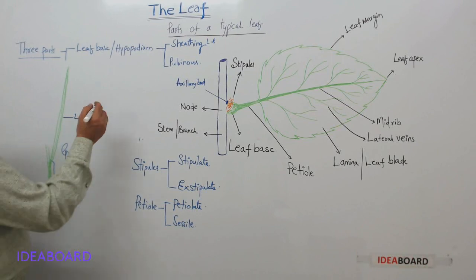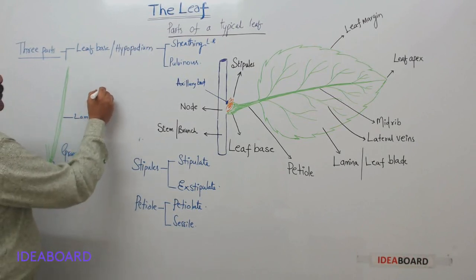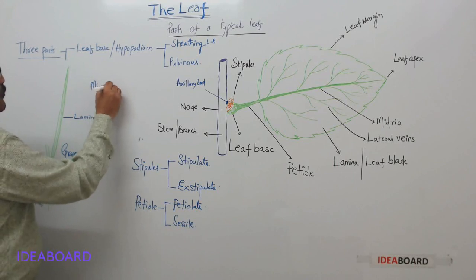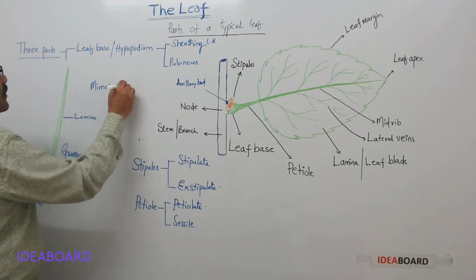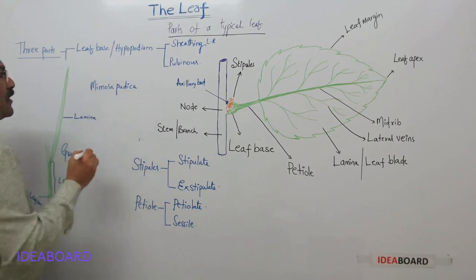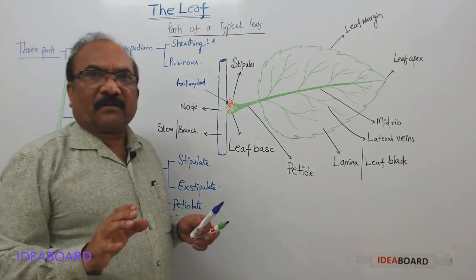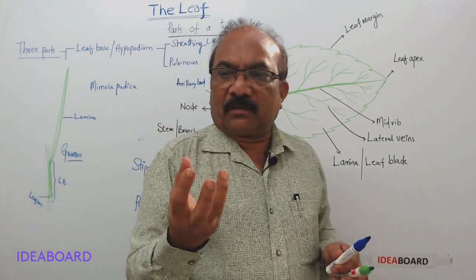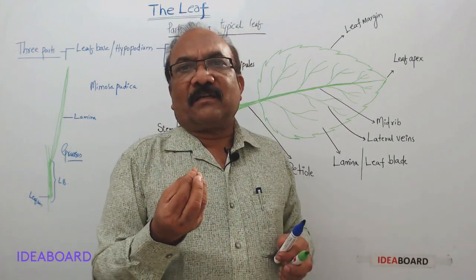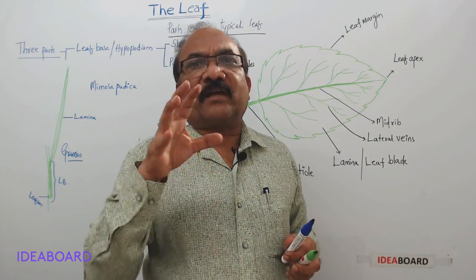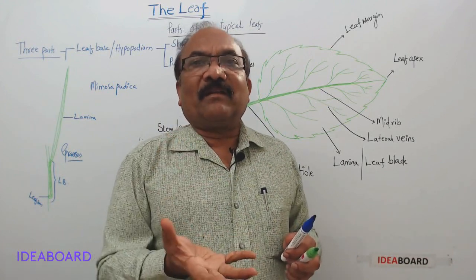And of course, I hope you know Mimosa pudica, which is commonly called what? Touch me not plant or sensitive plant. Whenever you touch the leaves, the leaflets will fold, and as soon as you withdraw your hand, they will become normal.